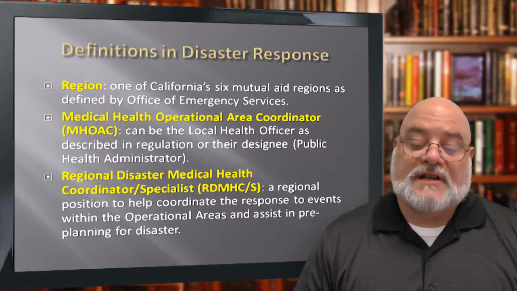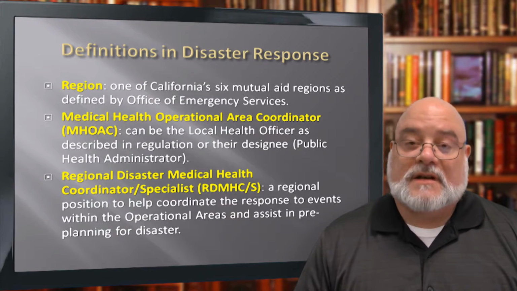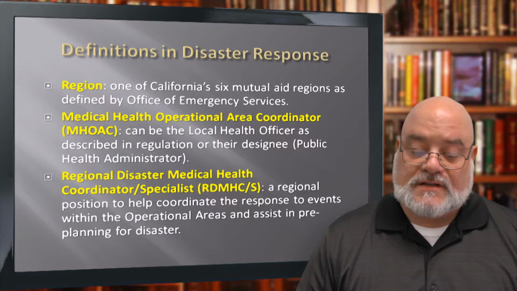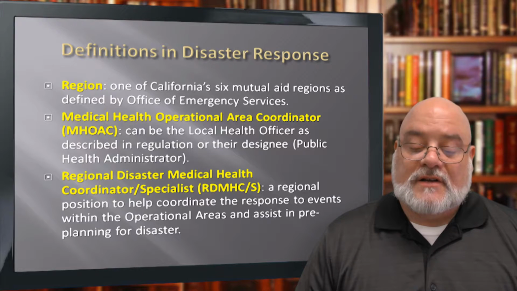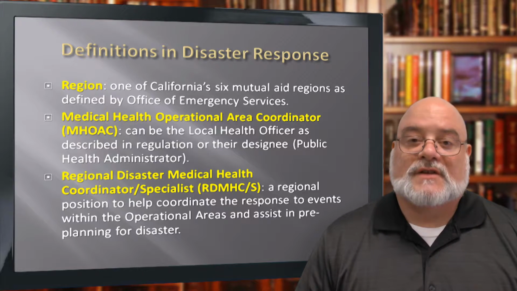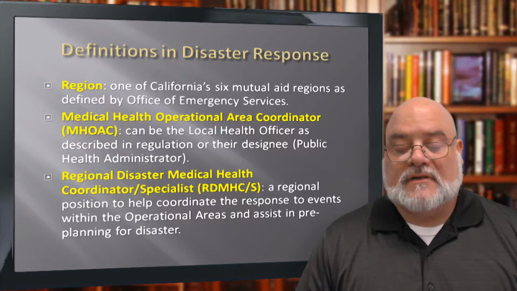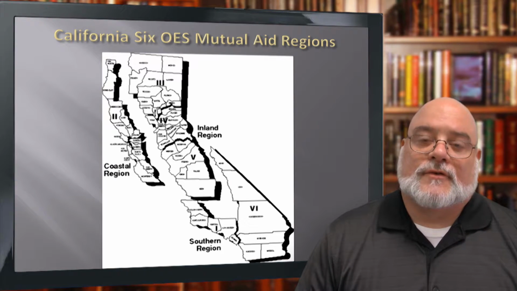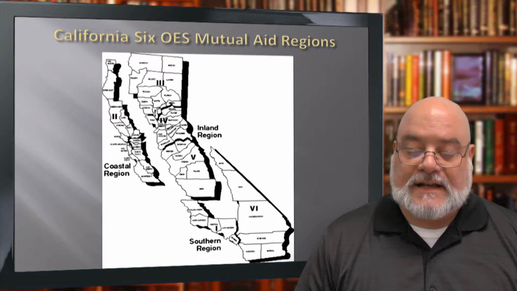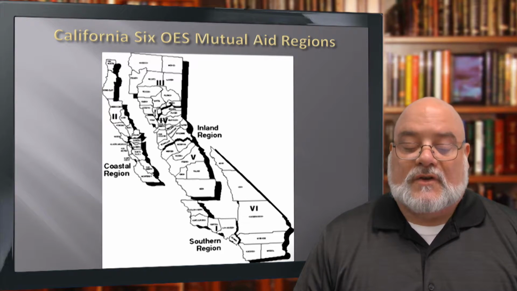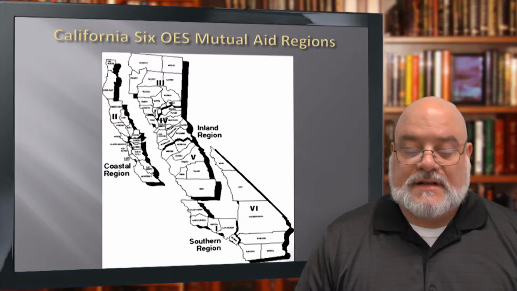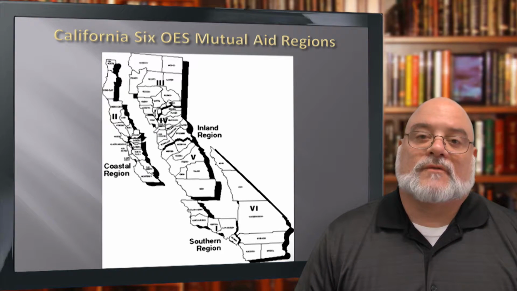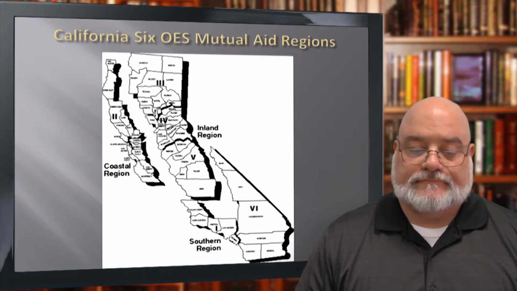RDMHS, RDMHC, Regional Disaster Medical Health Coordinator or Specialist. It's a regional position to help coordinate the response to events within the operational areas. For Region 3, there are 13 operational areas, 13 counties. So the RDMHS and RDMHC assist in pre-planning for disasters and emergencies.